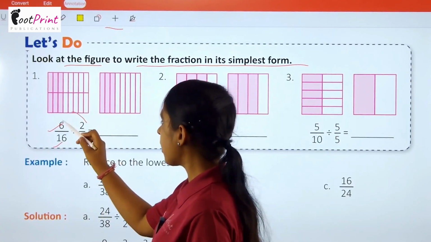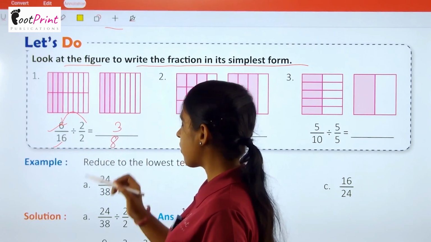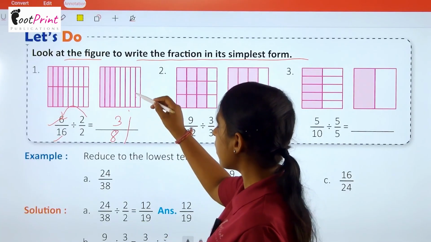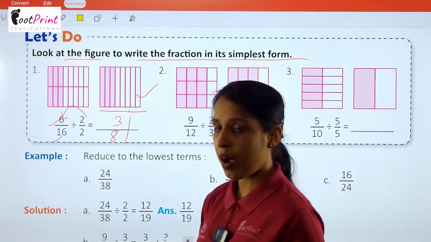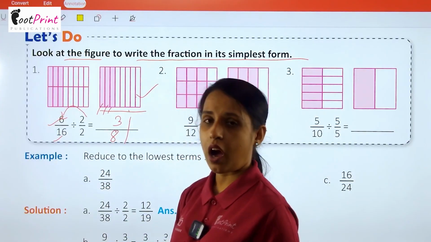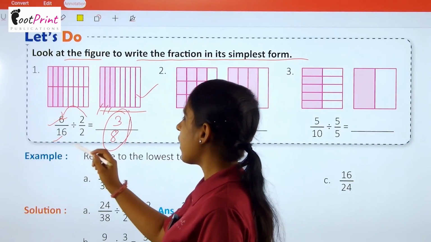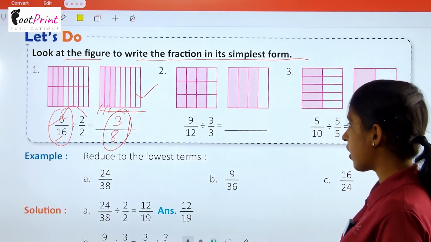So 2 3s are 6 and 2 8s are 16. So what will we get? 3 by 8. So here in this picture we can check also. Here are 8 parts and 3 parts are shaded. It means we can say 3 by 8 is the simplest form of 6 by 16.